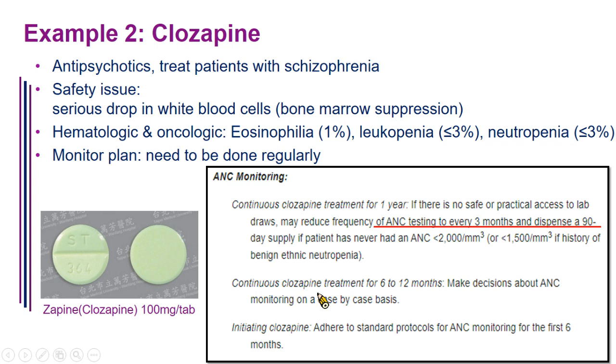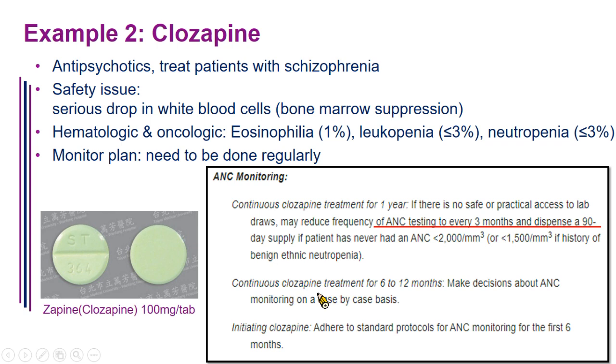But the most important thing that I want you to notice is bone marrow suppression, which would drop the CBC, the white blood cells will decrease. And you can see here that it may even cause patients to have neutropenia risk, and also hematology abnormalities.